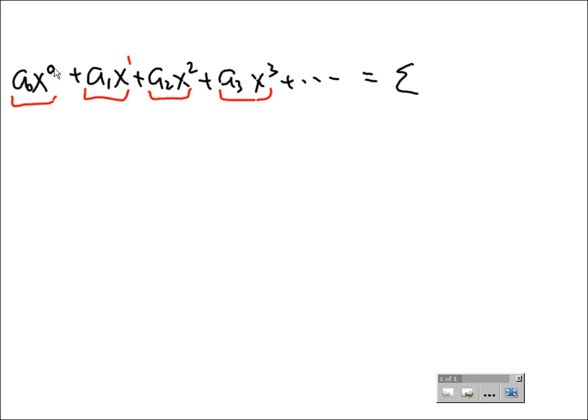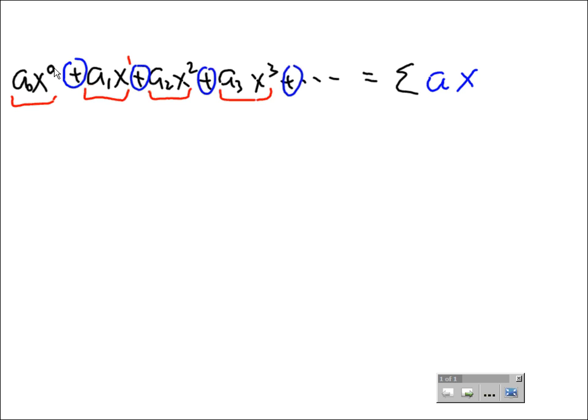The reason I choose sigma notation is because sigma means sum. We are adding, and you want to look to see what looks the same in each term. Well, they all have an a and they all have an x.